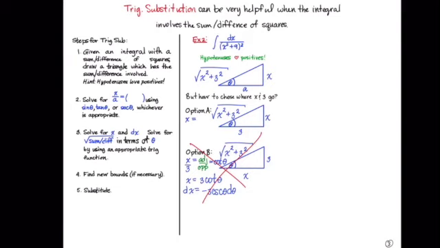When we're solving for that relationship of x over 3, now that's going to be our opposite over adjacent, which is tan theta. Squeezing it in there. So we want to let x equal 3 tan theta. Maybe I'll come over here and do our setup.